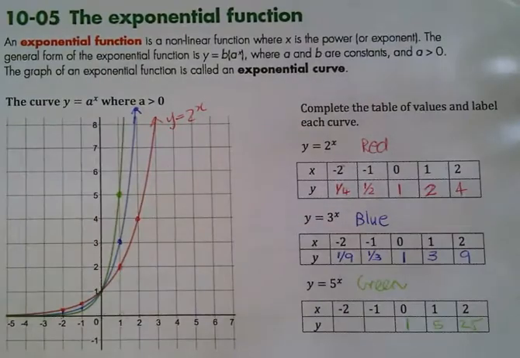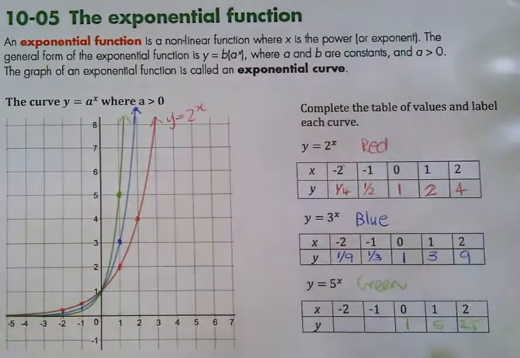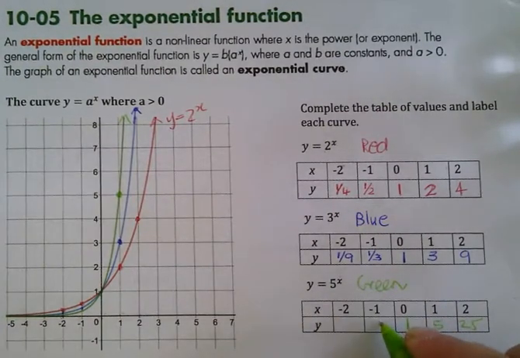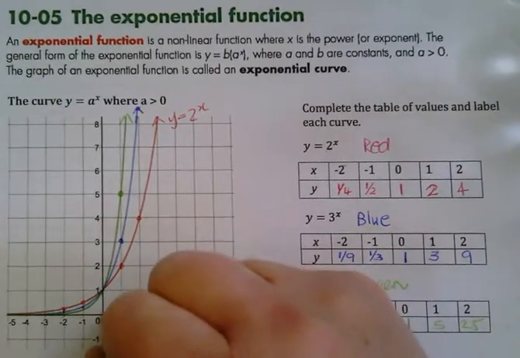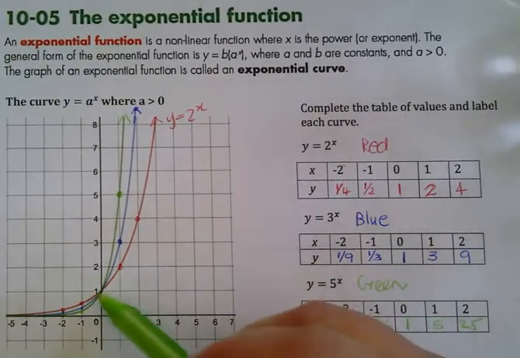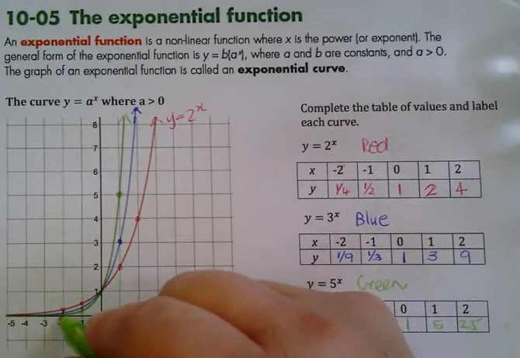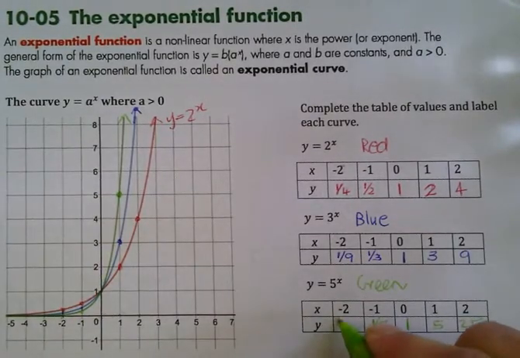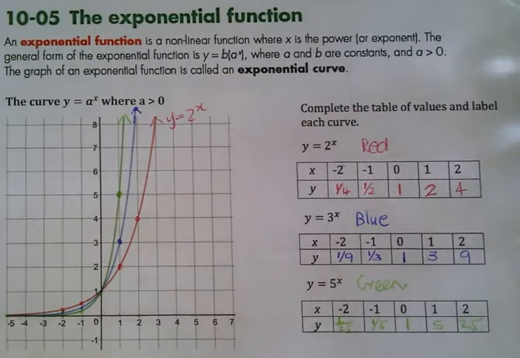I'm not going to fit 25 on the graph. 5 to the power of negative 1 is 1/5. So negative 1, 1/5. Notice it's a half, a third, a fifth. They're all getting smaller. And then the other one is 1 on 25, which is really, really small.